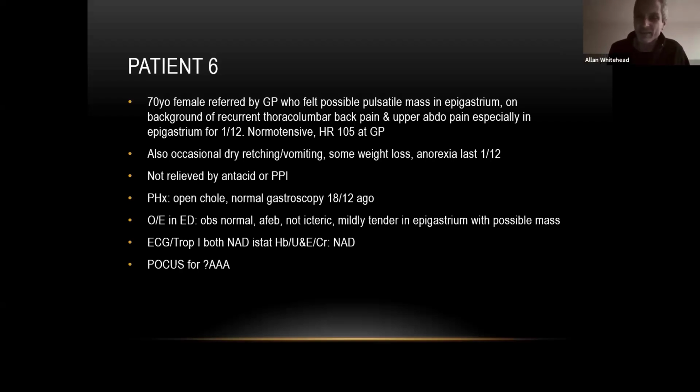So I was starting to get a bit suspicious that this is not AAA, that there's potentially something nasty, just on the history. She'd had a gastroscopy 18 months earlier, which was normal, and had a gallbladder taken out. So those things sounded okay. She had routine bloods and ECG, which were all okay. And she just had this tender epigastrium and a possible mass. So let's have a look and see what the pictures showed.